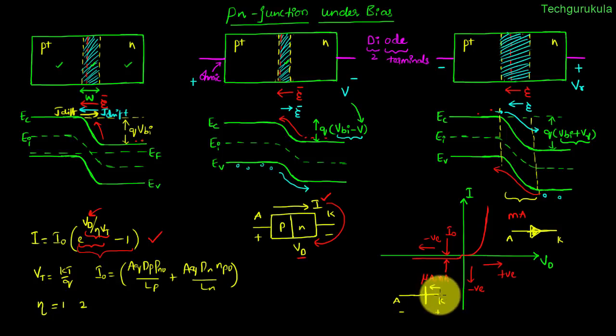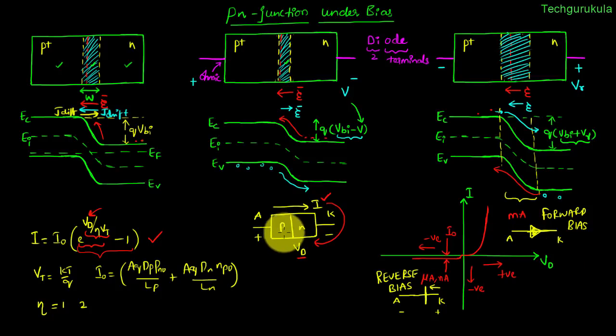As it is against the current flow when VD is negative, we will call this a reverse bias. As it is biased in such a way, it is opposing the current flow through it. Whereas in this case where VD is positive, it is allowing it to flow. So it is forward biased, which means it is biased in such a way that it is allowing the current to flow.